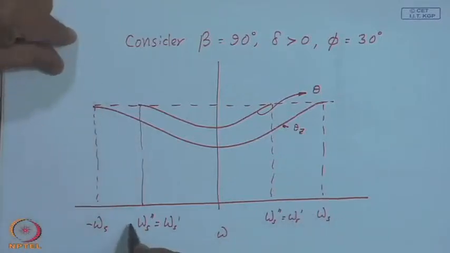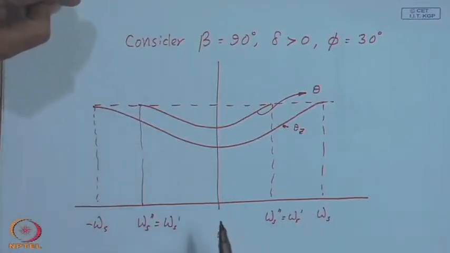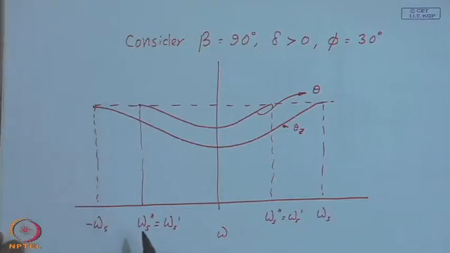Since the magnitude of omega s double dashed is less than omega s, that will be also my so called sunset hour angle for the tilted surface omega s dashed.